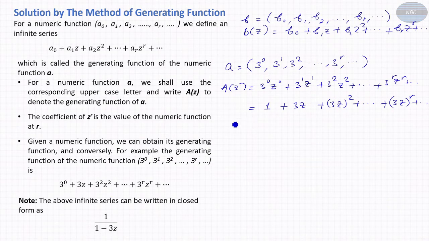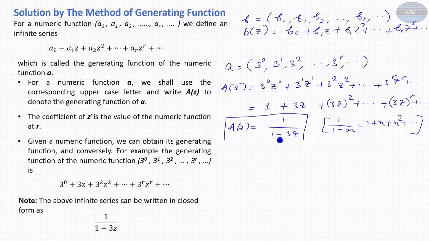It can be written as 1 divided by 1 minus 3z because we have a formula: 1 divided by 1 minus x is nothing but 1 plus x plus x square plus so on. This infinite series can be written in compact form 1 divided by 1 minus x, where x is nothing but 3z. So this is the compact form of the generating function A(z).